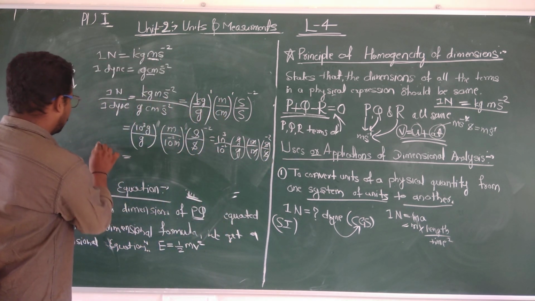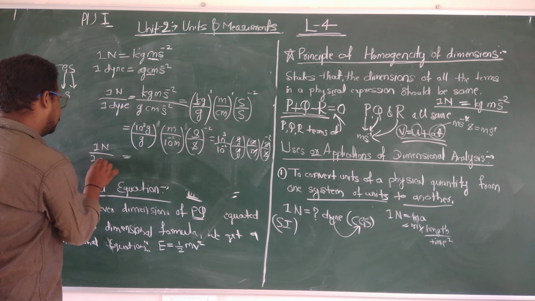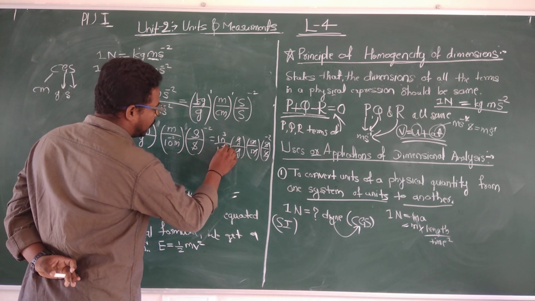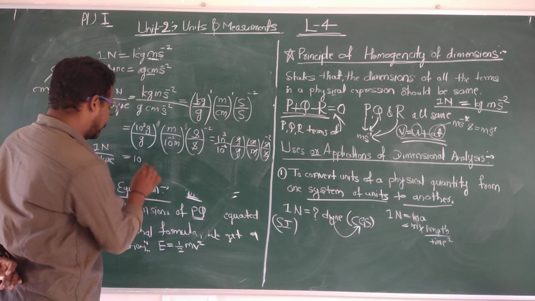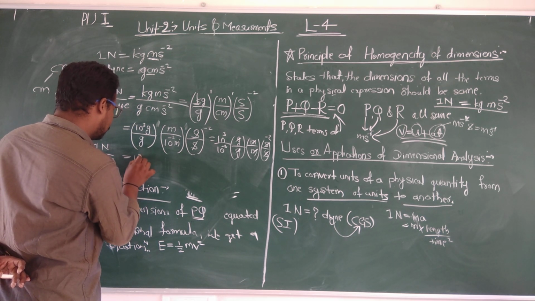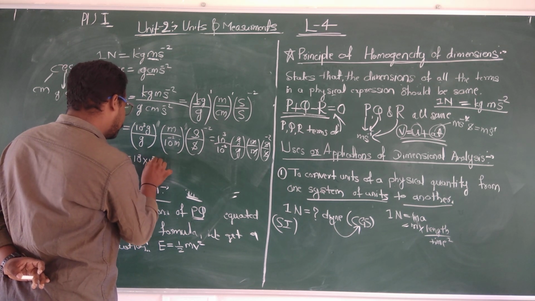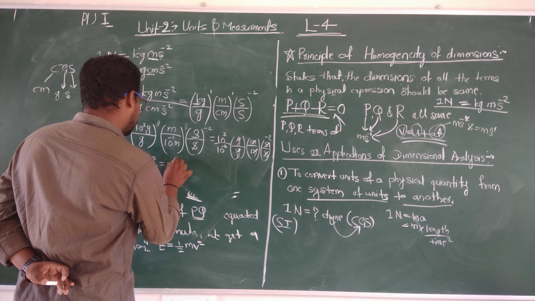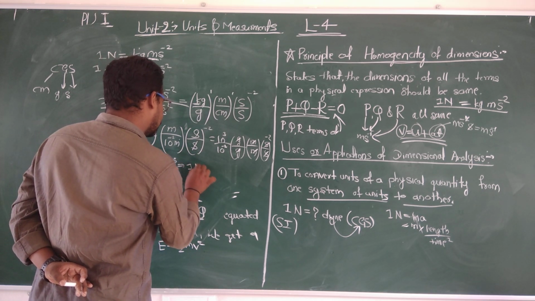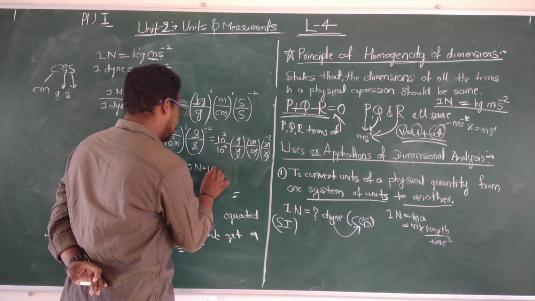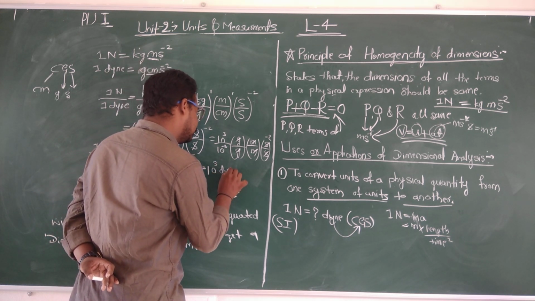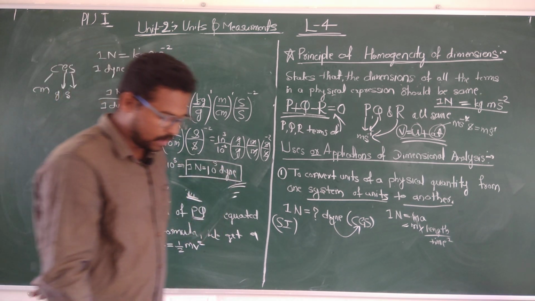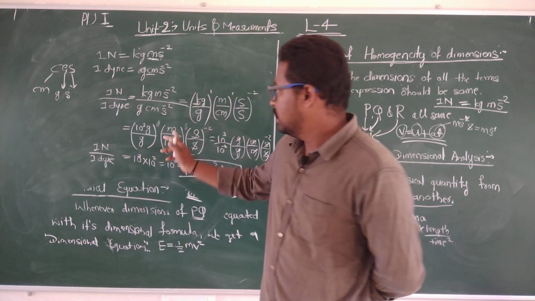So it remains 1 Newton by 1 dyne is equal to 10 to the power 3 times 10 to the power 2, which is 10 to the power 5. So 1 Newton is equal to 10 to the power 5 dynes. This is how we do the conversion of Newton into dyne.